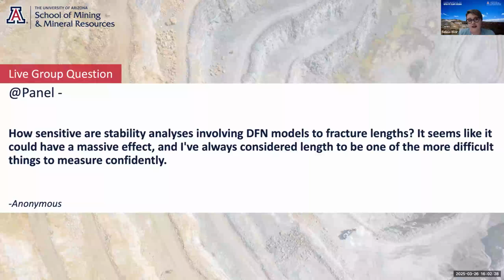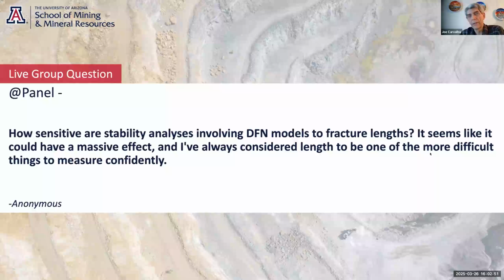They're always going to be sensitive to length, and as Joe's pointed out, spacing and orientations. But if you can keep the others consistent, vary your lengths, and look at that sensitivity, it'll help you understand potential implications for the stability.